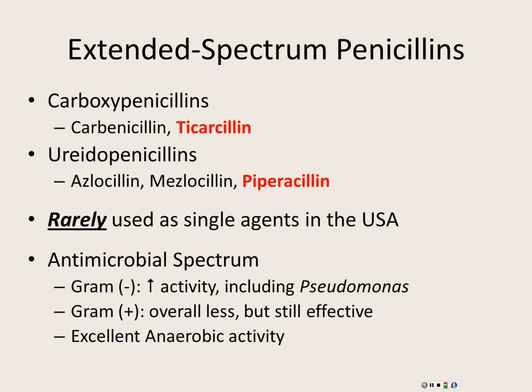If you had a mixed infection with strep and MSSA, and let's not talk about MSSA yet because we don't have beta-lactamase inhibitors, but if you had a mixed infection with strep, you certainly could use these drugs. And they have excellent anaerobic activity. And I think in the interest of time, that'll be it for that.